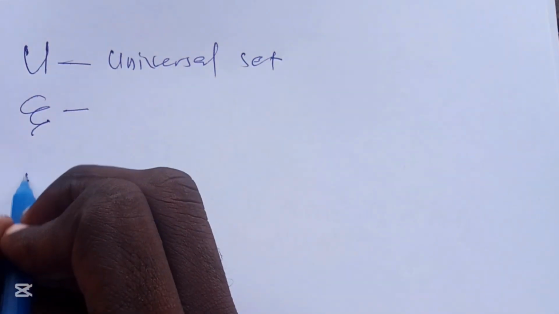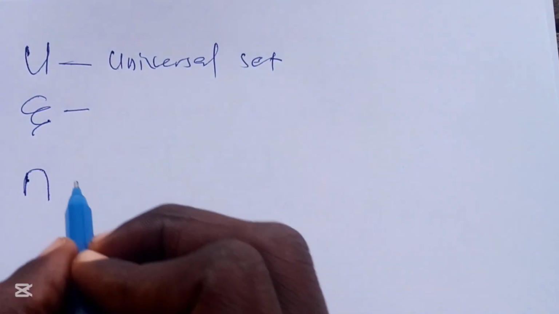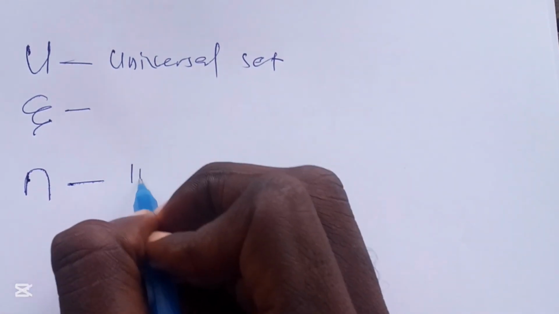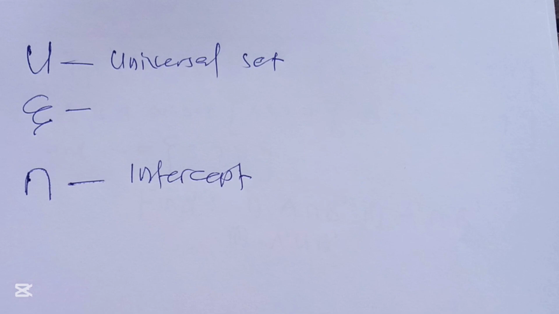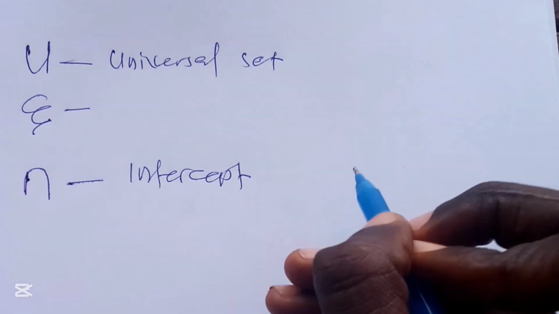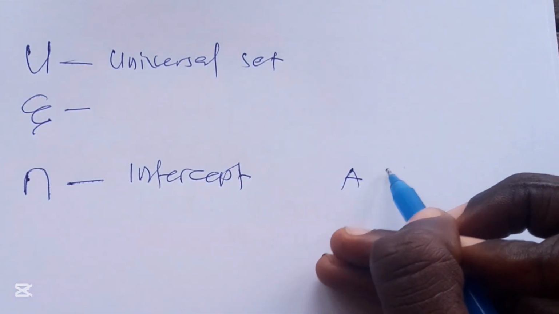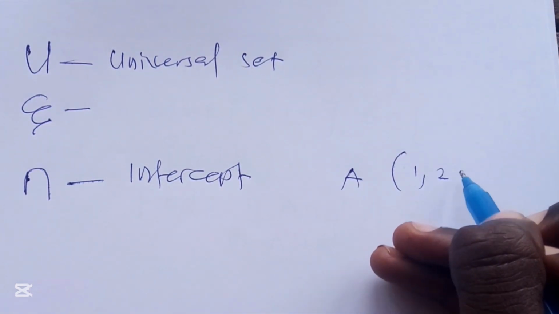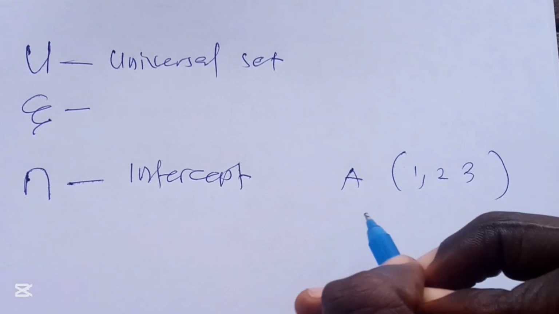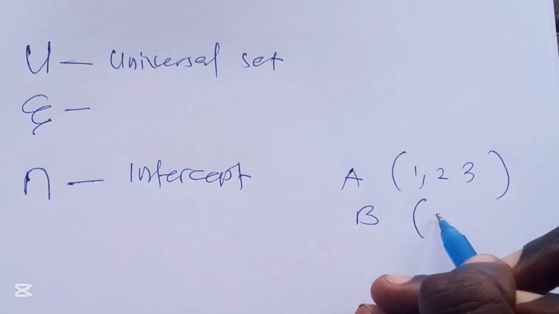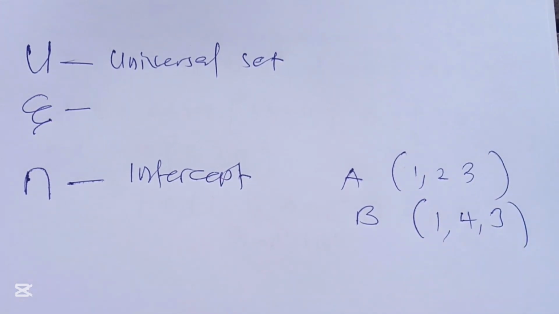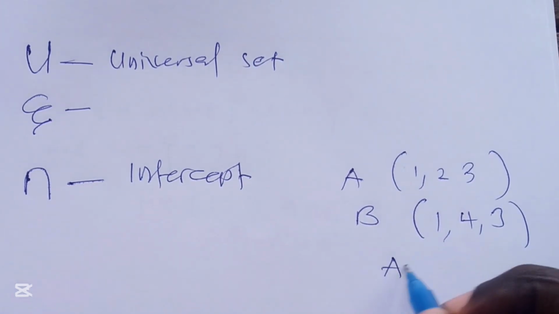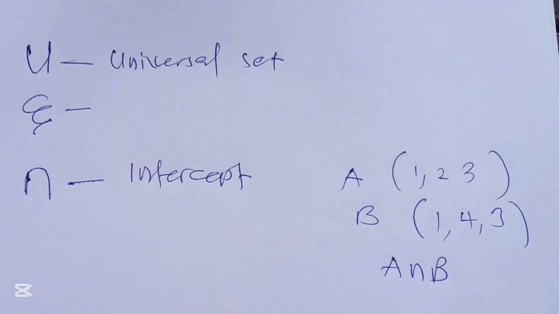Then the next one, this symbol that you are seeing, we call it the intersection. Intersection symbolizes where the two sets meet. For instance, if set A is 1, 2, 3, and set B is 1, 4, 3, and you are asked to find A intersect B, just look at where the two sets meet.